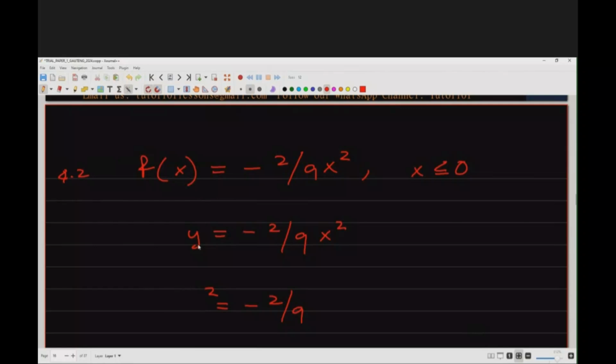And now we're looking at y is equal to -2 over 9 x squared. So what's going to happen is that we'll interchange x and y. So this will be x, which is equal to -2 over 9 y squared. And this is for y less than or equal to 0.